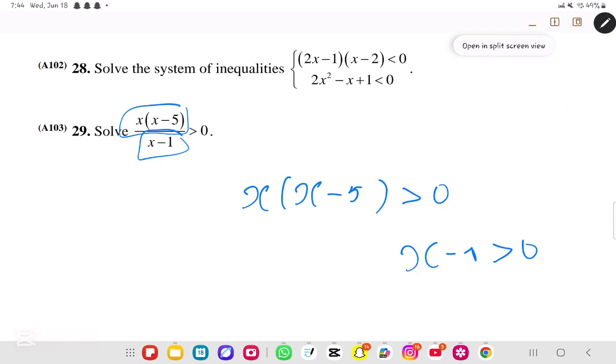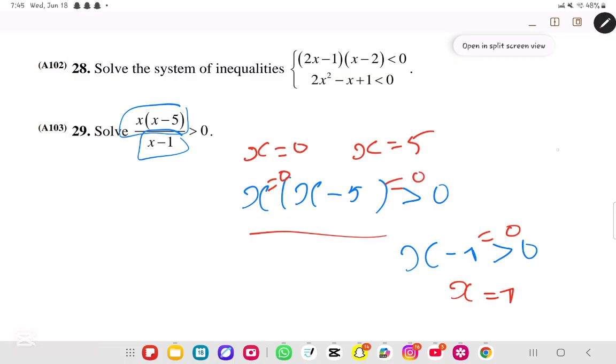Now, we will need to find the roots. So in this case, this has 2 roots, which is x is equal to 0 and x is equal to 5. Why? You make this equal to 0 and you make this equal to 0. And this has only 1 root, which is x is equal to 1.